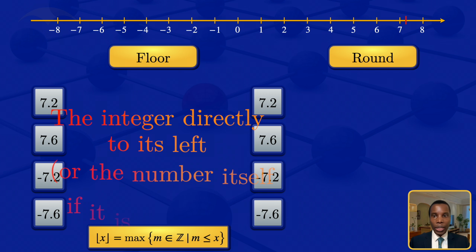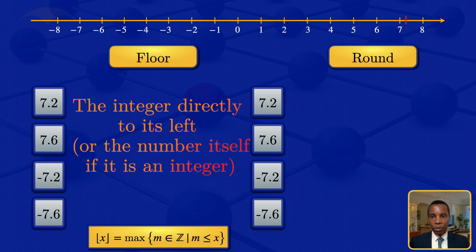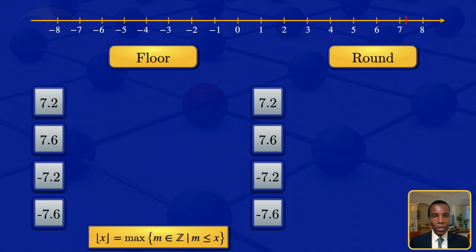Or simply put, the floor value of a number is the integer directly to its left, or the number itself if it is an integer. So on the number line, we look at the integer to the left of the red marker, and that is 7. So the floor value of 7.2 is equal to 7.